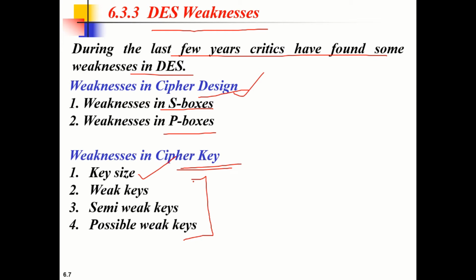So these are the kinds of keys which could be generated when we use DES for encryption. These keys are called weak keys, semi-weak keys, and possible weak keys, right? So we will be discussing these weaknesses in the key for DES, right?